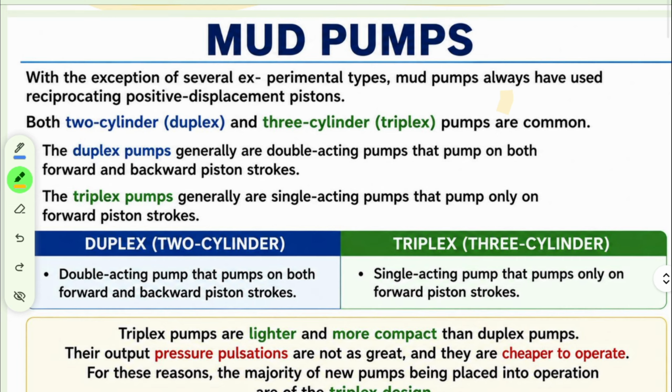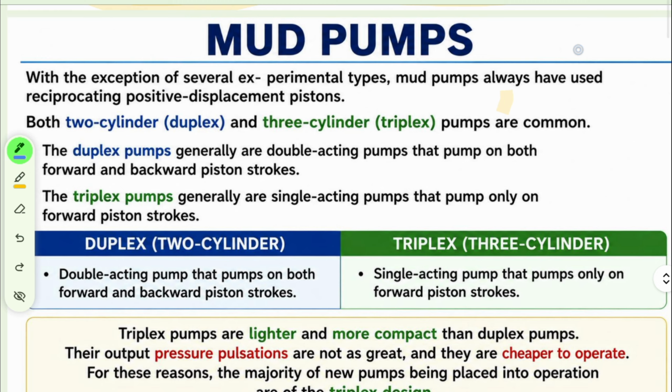If you require high pressure and low discharge, in that case we use a reciprocating pump, whereas if you require high discharge and low pressure, in that case we use a centrifugal pump. So what is the meaning of reciprocating and centrifugal pump, right? Let me discuss.